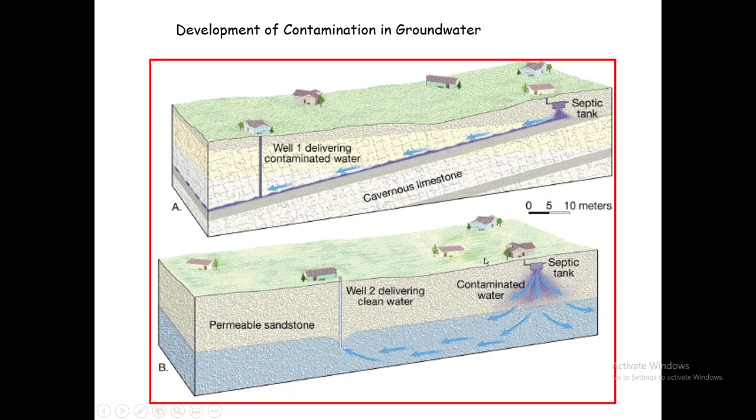So if you see here, it is the septic tank and it is moving downwards as well as the water is traveling in this direction. It is allowing the contaminant to dilute, so first of all it is diluting on the way downwards, and then while on its way it is not in that quantity which can be called contaminated.